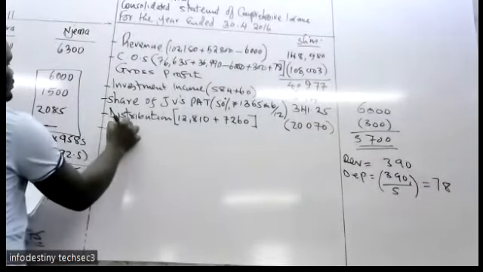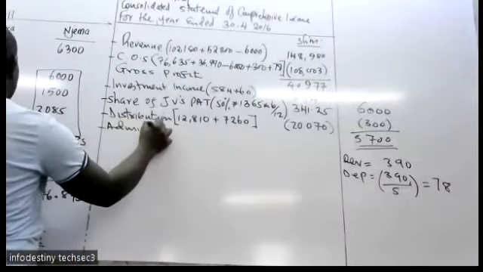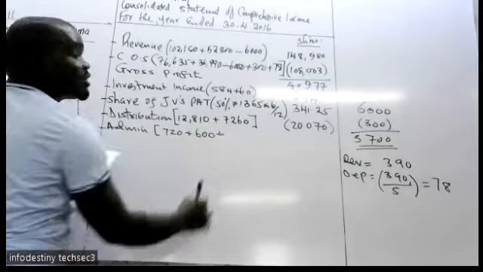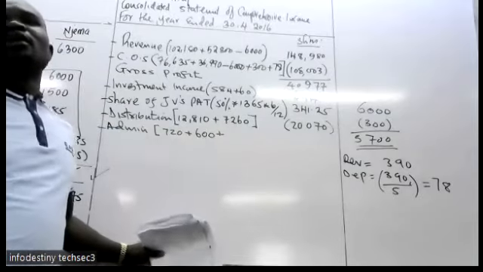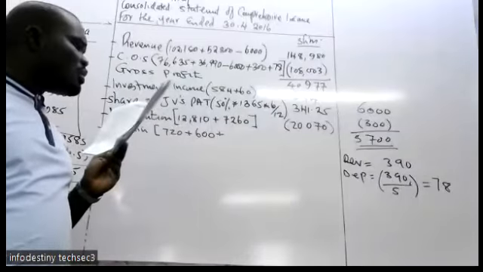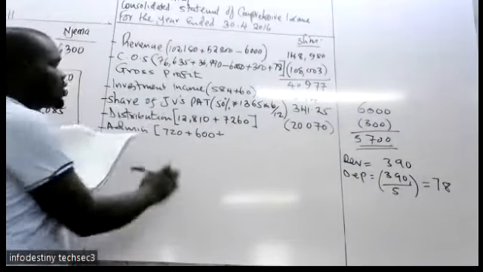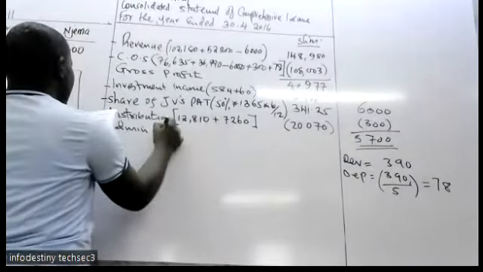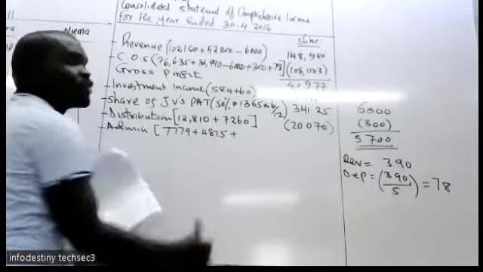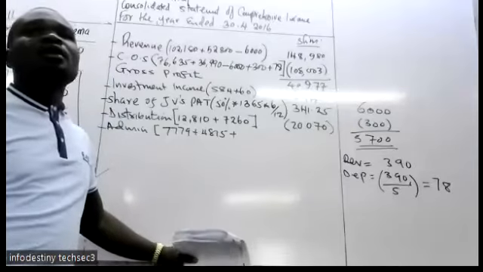Admin. 720 plus 600 plus what? What do we have in admin? Oh, it is finance cost. Now it is 779 plus 4850 plus what? There is something we're supposed to add.